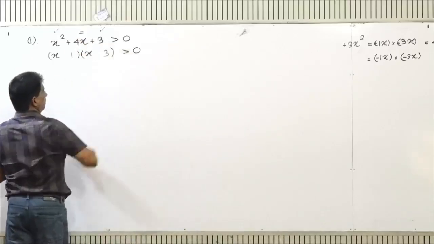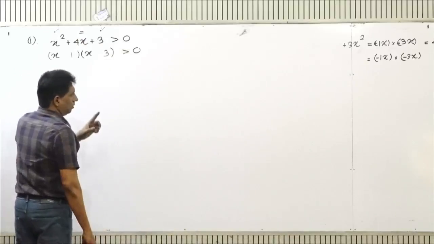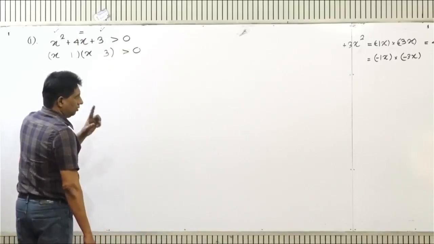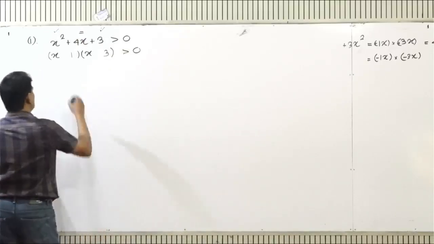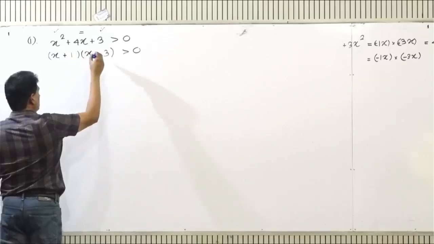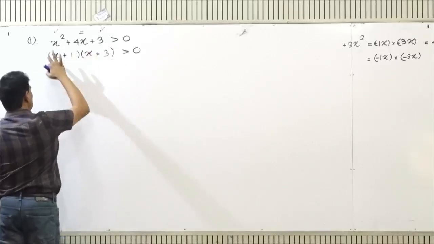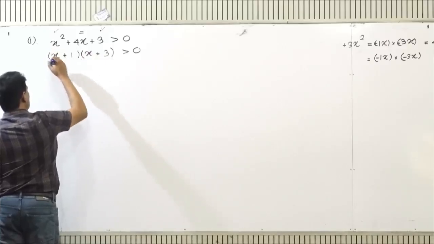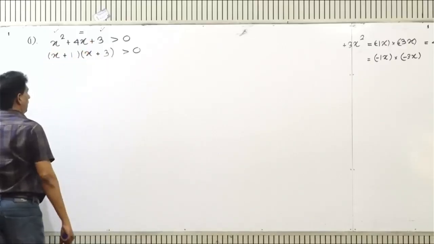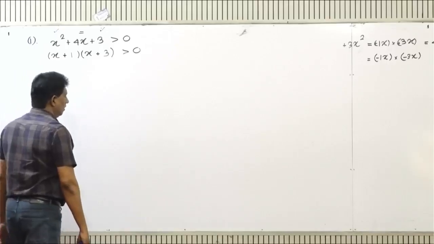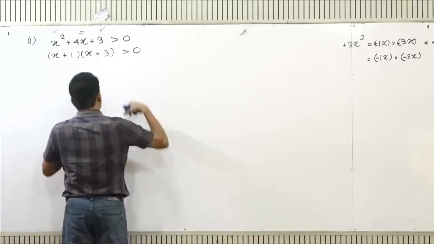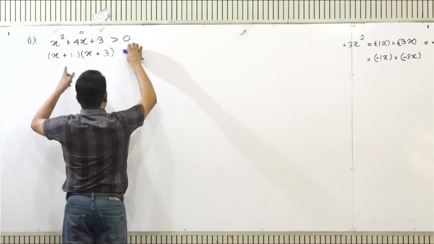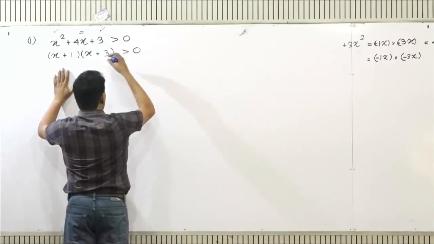Then we write positive 1 into positive 3. So we put here positive 1, here positive 3. That is the way we find the factors.